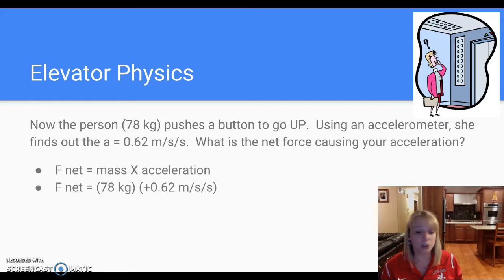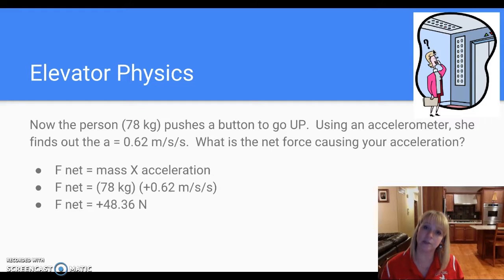Your mass hasn't changed, so it's still 78 kilograms, times 0.62 meters per second squared. Notice that that is positive, so the positive would be in the upward direction here. So my F net would be a positive 48.36 newtons. And again, the positive means it's going up. So net force is going up, and acceleration is going in the same direction.